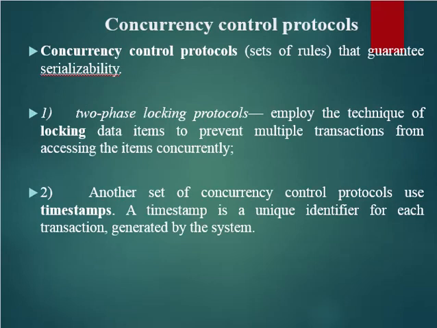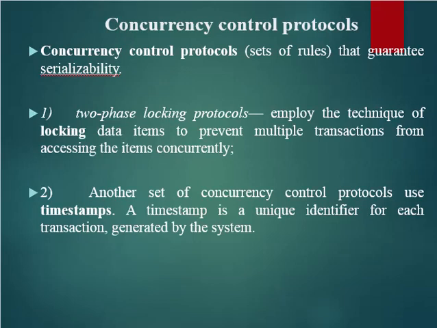So a concurrency control protocol is a set of rules that guarantee serializability. There are different types of protocols. The first one is the two-phase locking protocol. This employs the technique of locking the data item to prevent multiple transactions from accessing the item concurrently. Another set of concurrency control protocols uses timestamps.